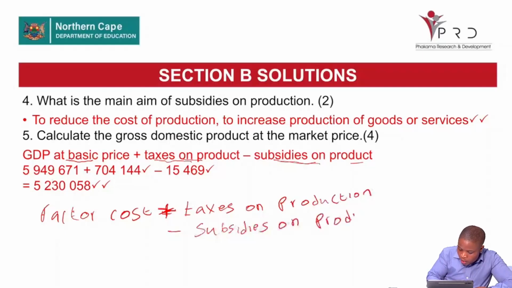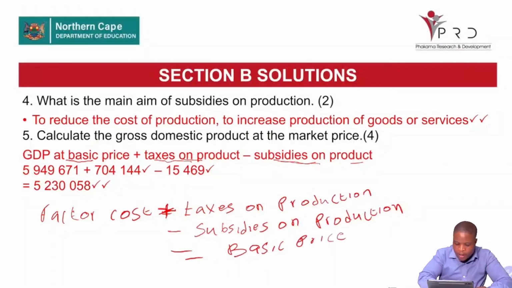So now we're talking production because we are moving from factor cost to basic price. So to move from factor cost to basic price, you say factor cost plus, my apology, this is a plus, taxes on production minus subsidies on production, you get basic price.